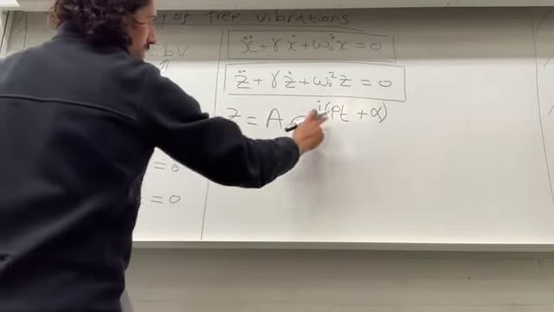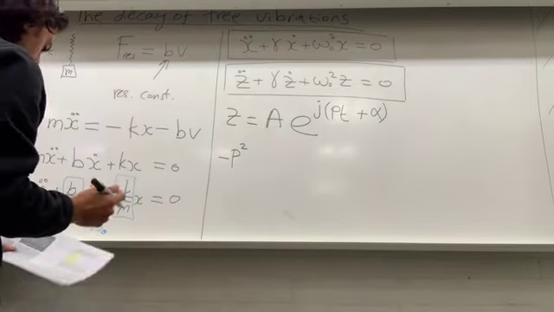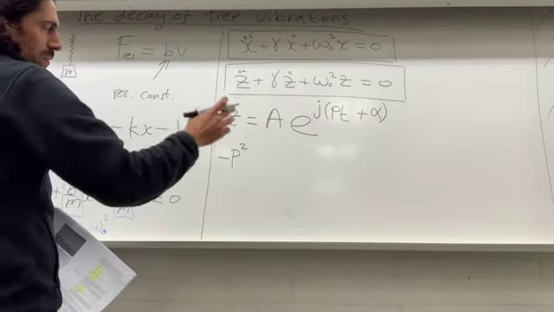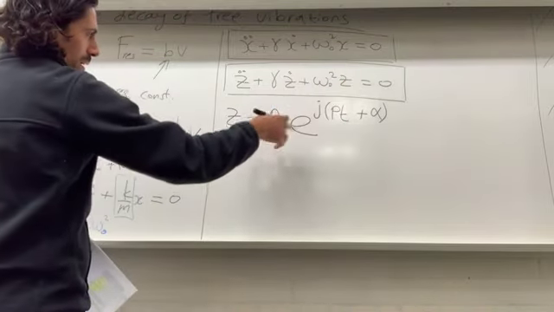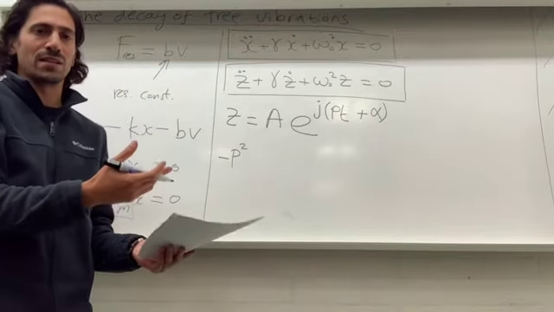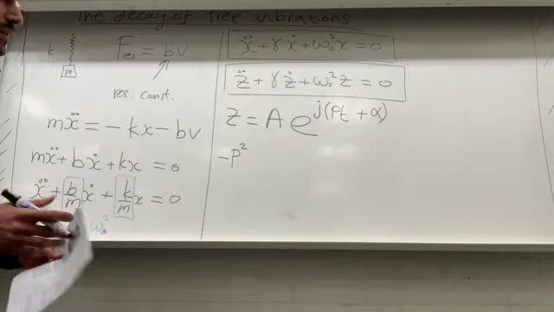Z double dot, we have a minus p squared. Now you see that everything would be multiplied by the exponent, and this is one of the advantages of using this form of complex exponent in the solution.